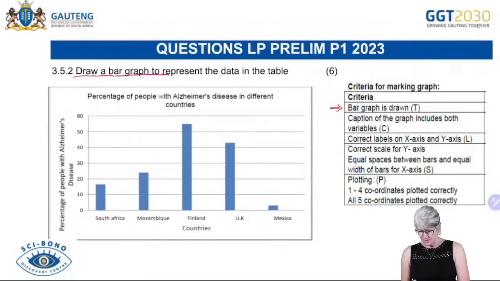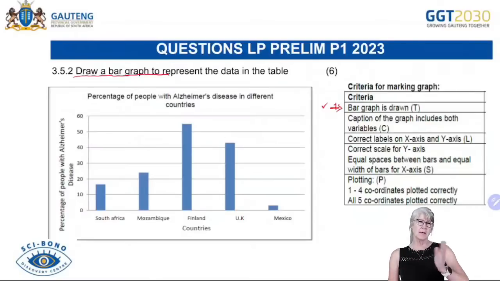So if we follow the instructions, and we draw a bar graph and we don't draw a line graph, you need to know the difference between a bar graph and a histogram, because that can become confusing. Remember, a bar graph has spaces between the bars, whereas a histogram doesn't have any spaces between the bars. Okay, so there already I've got 1 mark.